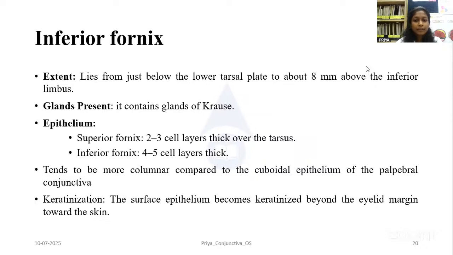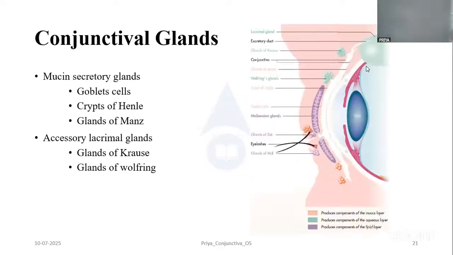The surface epithelium becomes keratinized behind the eyelid margin towards the skin. Conjunctival glands. Mucin secretory glands: goblet cells, crypts of Henle, glands of Manz, accessory lacrimal glands, glands of Krause, glands of Wolfring.